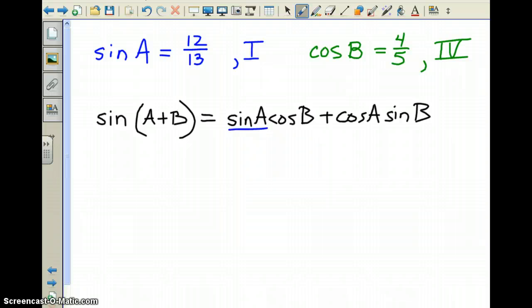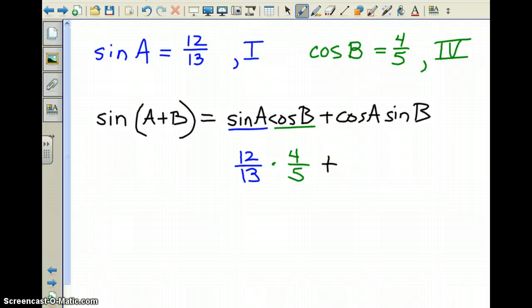We already know sin of A is 12/13, and we also know that cos of B is 4/5. Now, as for the other part of this formula, the cos A and the sin B, this is where we're going to need to draw our triangles.